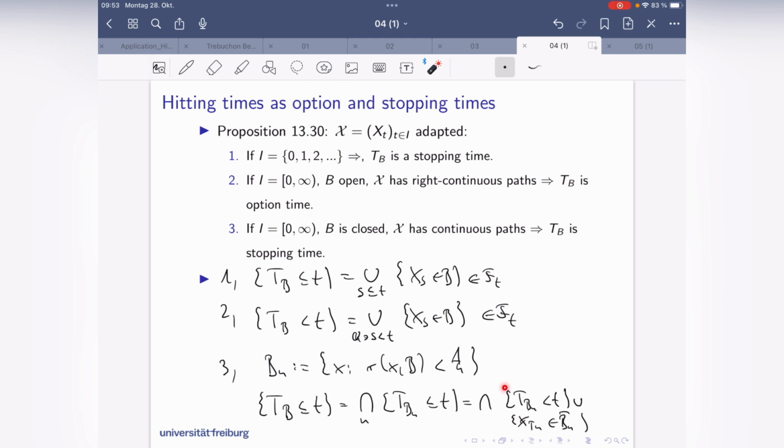Sorry, not xtn here, I need xt. And the first thing here is in Ft, because Tbn is an optional time. So that's in Ft. And that's also in Ft. So the whole thing here is in Ft, and I'm done.